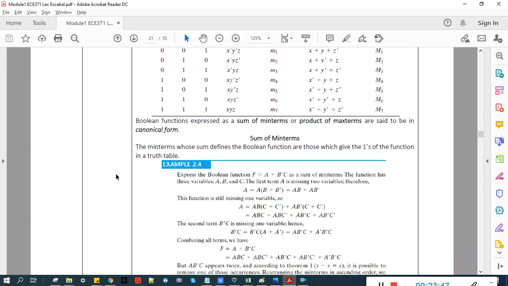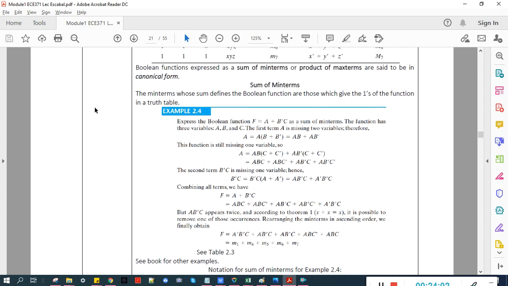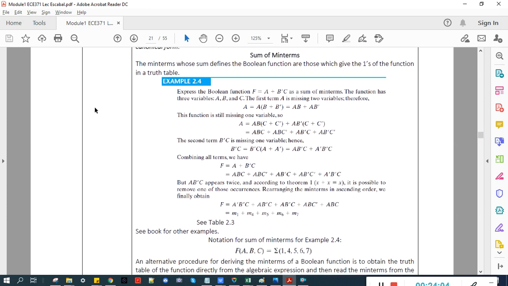Let's look at some examples. Sum of mean terms. The mean terms of the sum that define the Boolean function are those which give the ones of the function in a truth table. We've already discussed it previously.